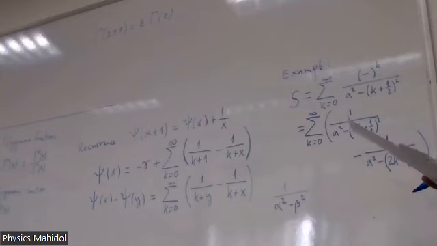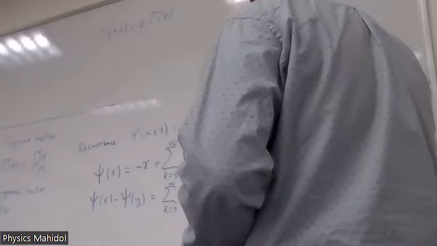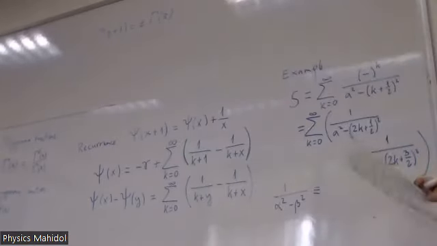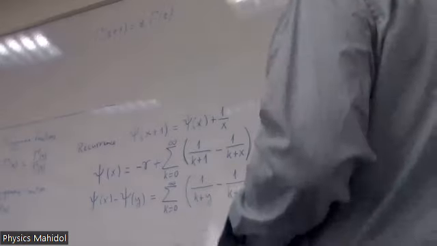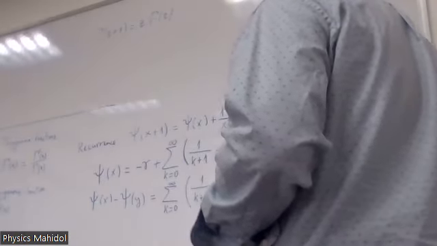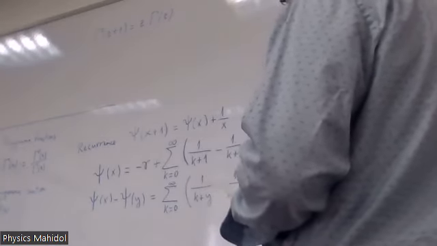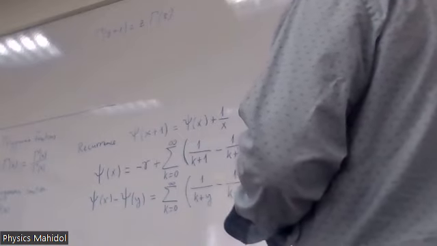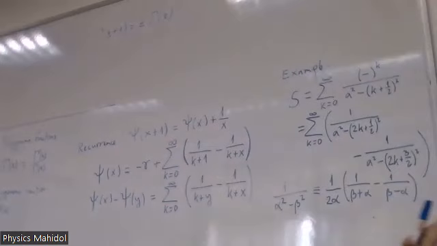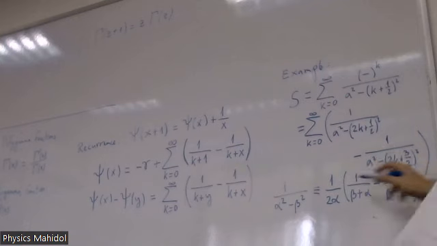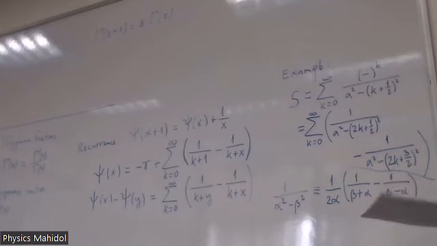And in the denominator, it can be changed to partial fractions, and you will get something like this: 1 over 2 alpha, 1 over beta plus alpha, minus 1 over beta minus alpha. You can see how these partial fractions multiplied by this result in 1 over alpha squared minus beta squared.